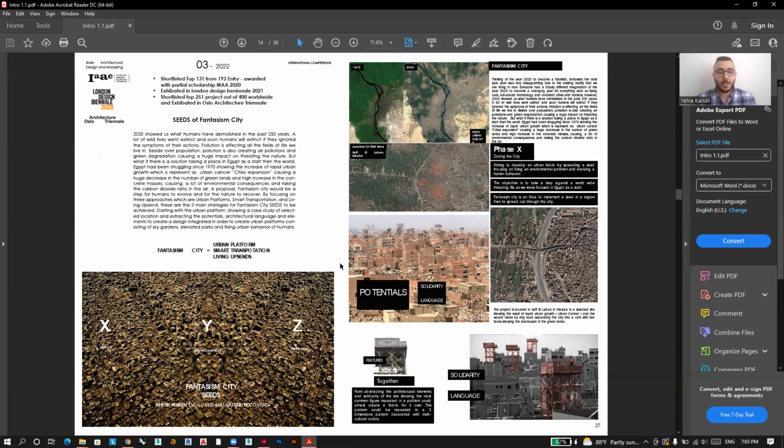This project takes the language of a society or a place and uses this language to make a whole set of potentials that help fix an issue that took place there. It consists of three phases. Phase X: choose the exact location, the zone and the city, and extract the language that can transform into a potential.